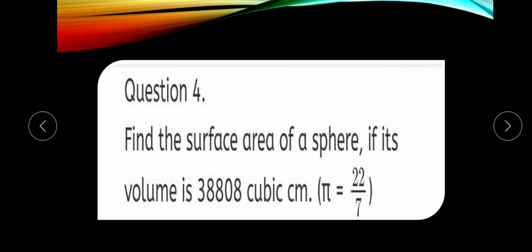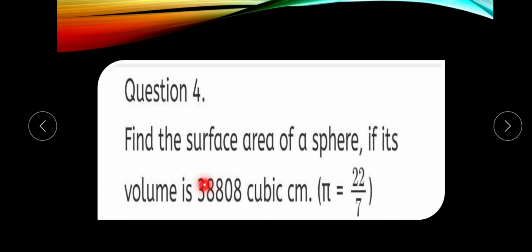Question number 4. Find the surface area of sphere if its volume is 38,808 cubic centimeter. Children, remember this type of sum we have solved in the solved example.